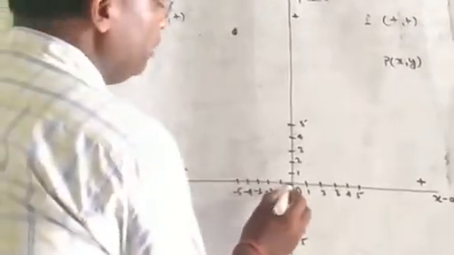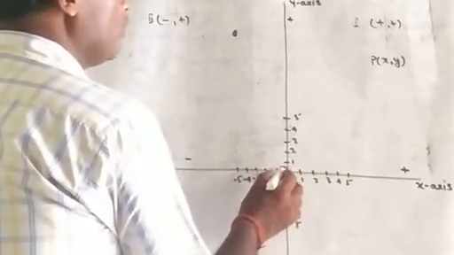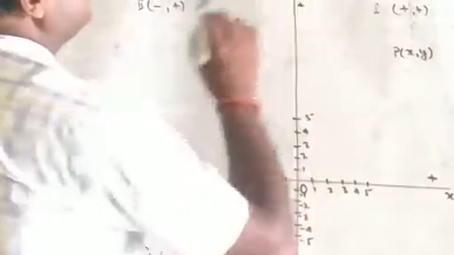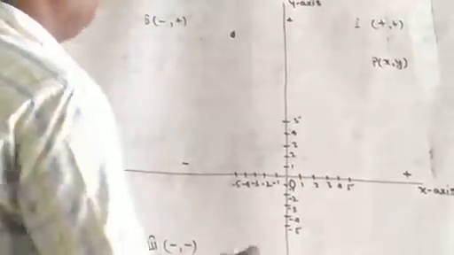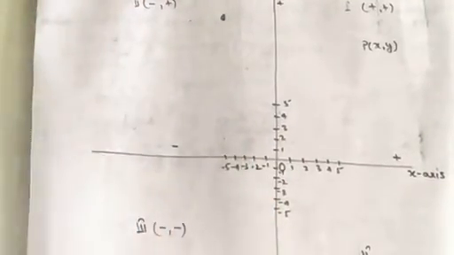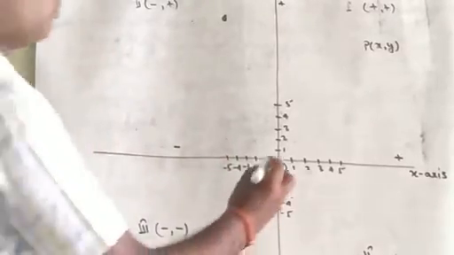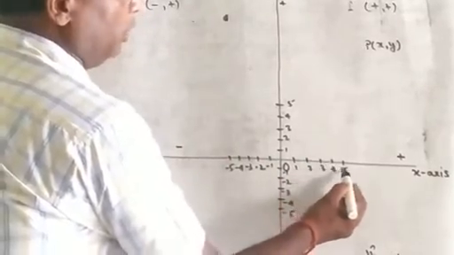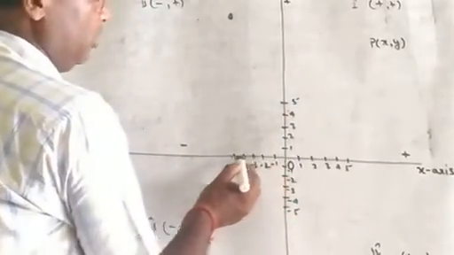Second, when we move up from the origin on the y-axis, the values are taken positive, and when we move down on the y-axis from the origin, the values are taken as negative. You see here 1, 2, 3, 4 represented, that is positive written, here also positive, and this one negative.